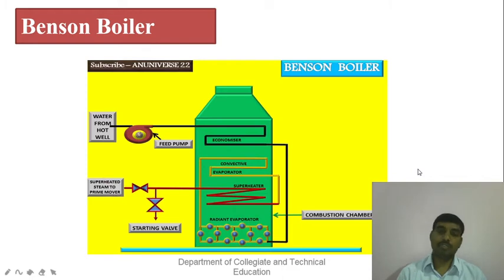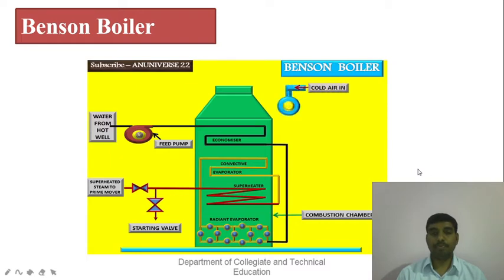Superheated steam is supplied to the steam turbine through the steam outlet, and the capacity of the Benson boiler is about 150 tons per hour at a pressure of 210 kgf per square centimeter at a temperature of 650 degrees Celsius.